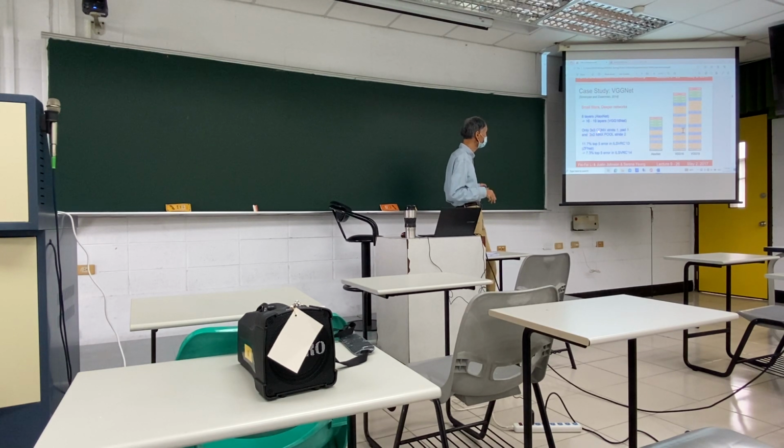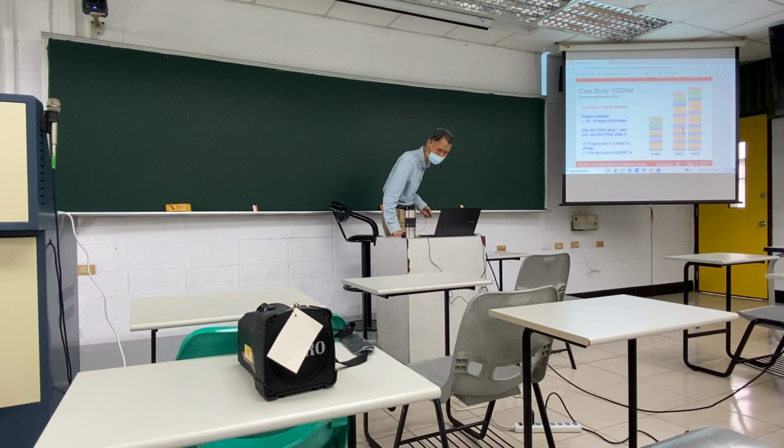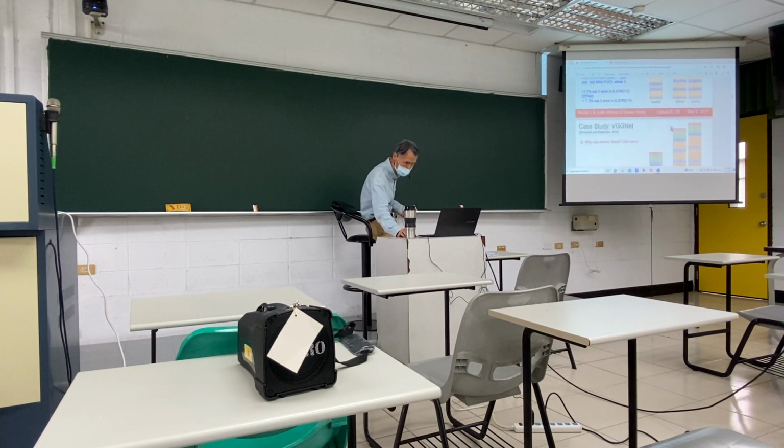But the standard one is we use a 3x3 convolution and the standard 2x2 max pooling with a stride of 2. That's it. That's the only thing you need to keep in mind for the VGG. Don't just use it, but you need to know the architecture.